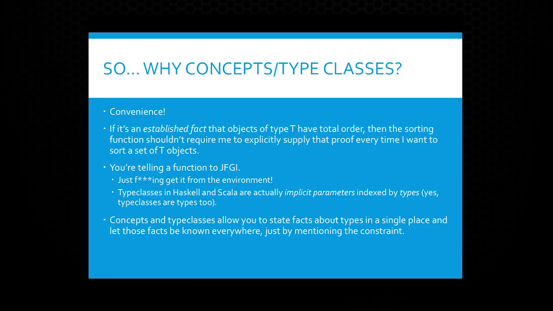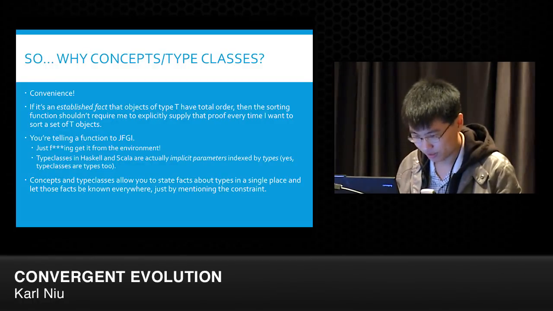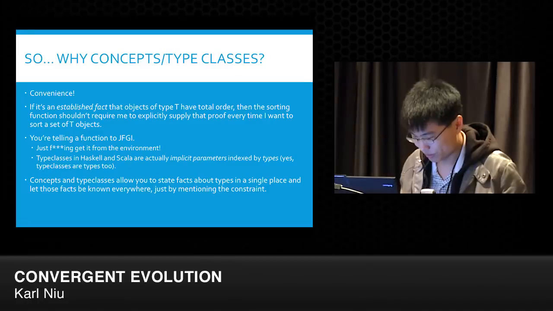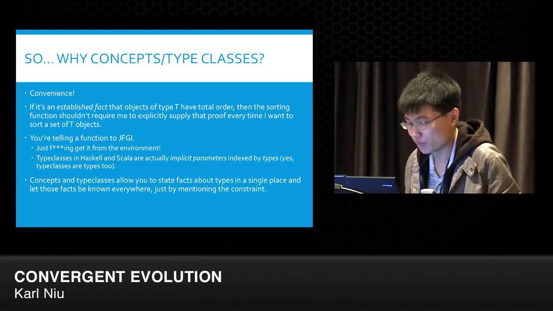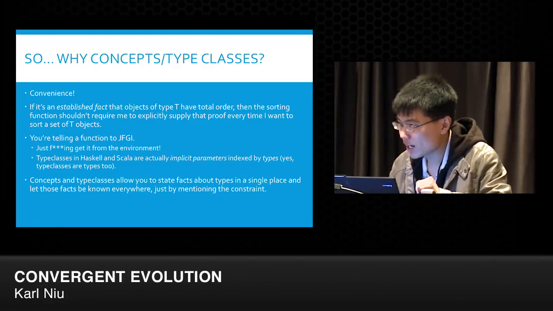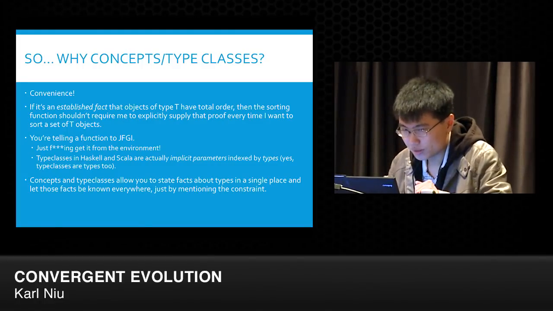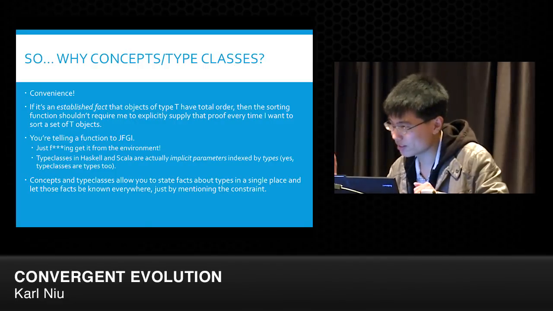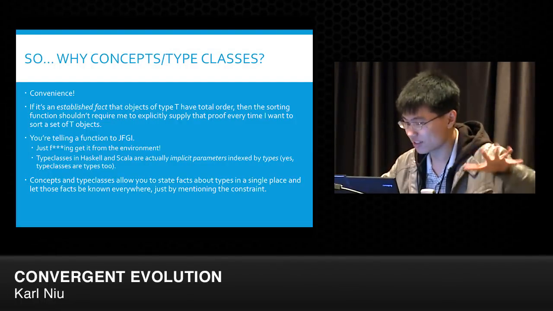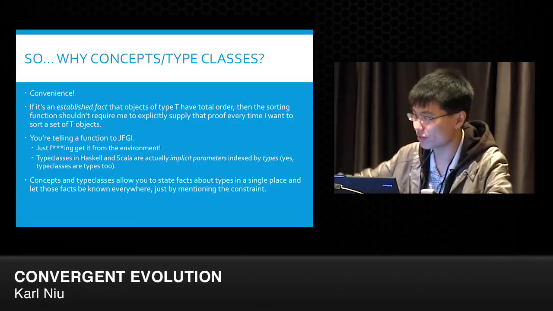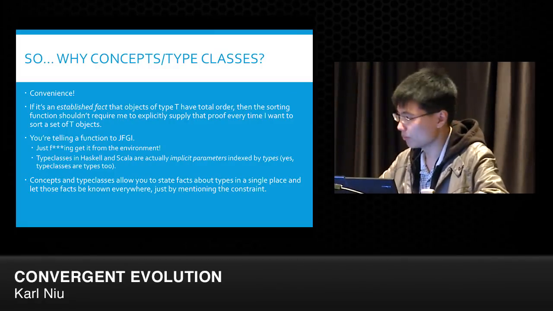So why are there concepts and type classes? Convenience, of course. If you really think about it, we can program in a way that if you want to provide proofs for something, you just pass them in explicitly, right? But we don't want to do that all the time. If you have an established fact about a type, you want to be able to say it once, tell the compiler, hey, this is known about these things, and every time I mention this constraint, bring it up for me.